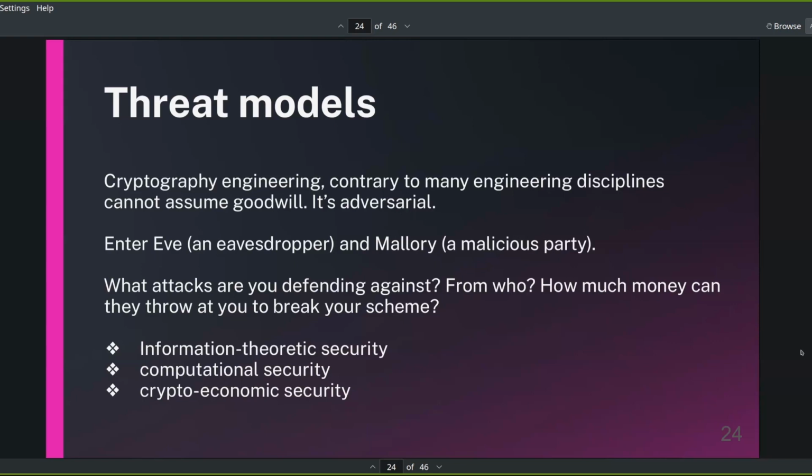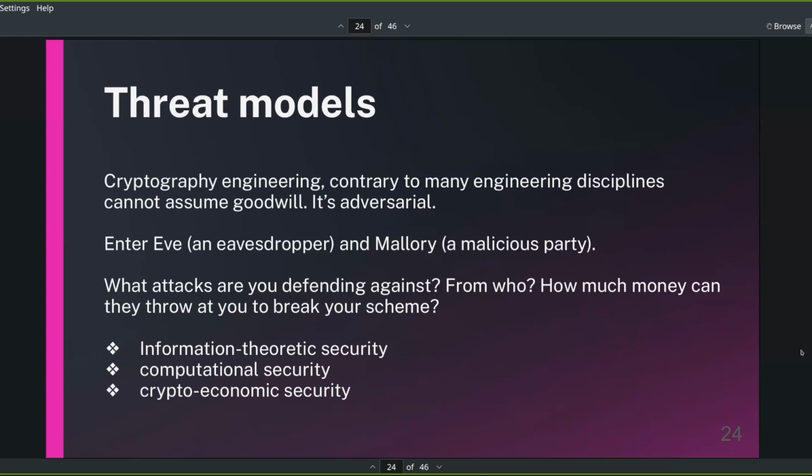Yeah, and so this means, well, in cryptography there are three kinds of security, I'd say. One is information theoretic security. This is something that is provided, for example, by hash functions, by many ciphers.